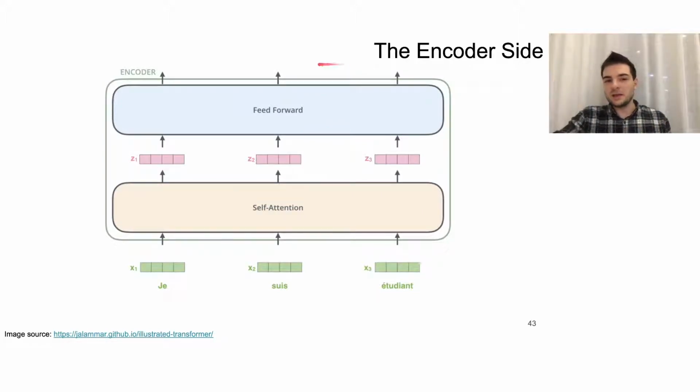Then, for example, we can take either the average of these vectors on the output, or we can take only one vector, for example from the first position, which we don't have here, but usually we have the start of sequence token at the beginning. So we can take only the start of sequence token output at the end and use it as the vector representation of the whole sentence.